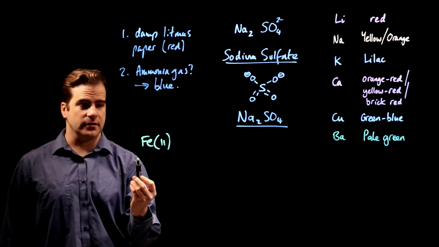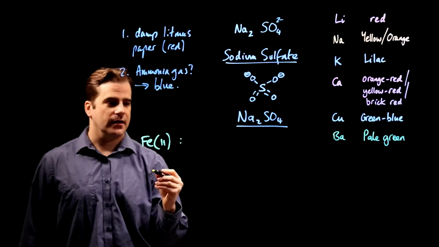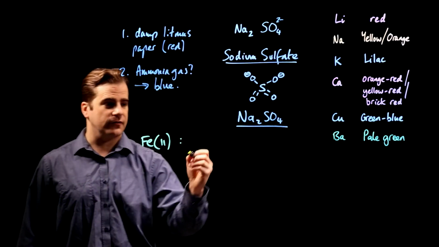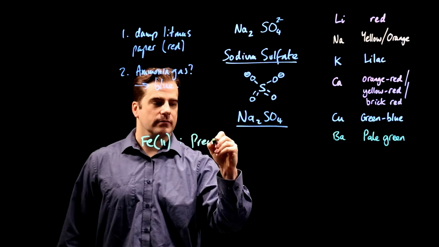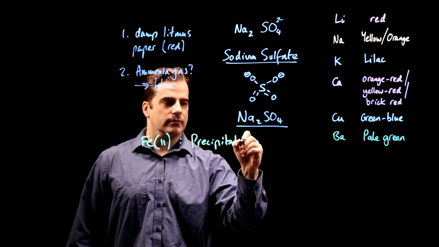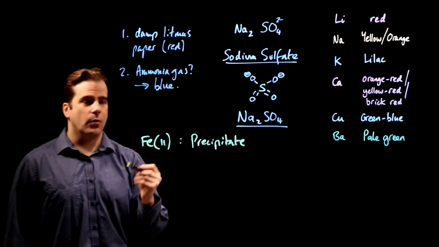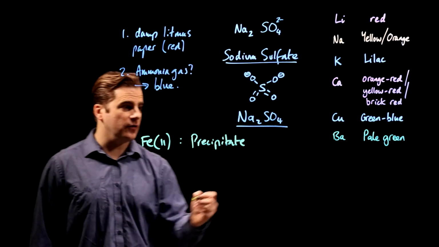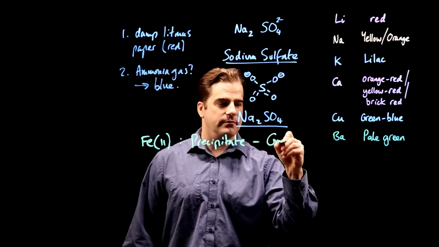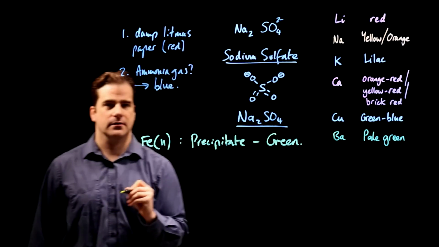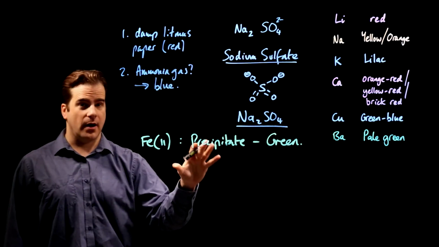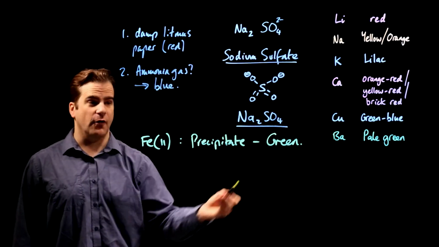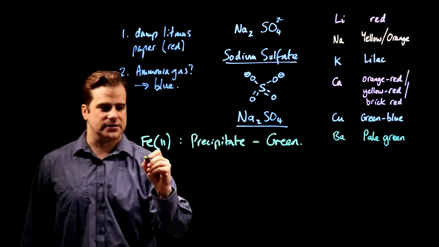Well, it starts off as a solution. So the first thing you see is a precipitate starts to form. Right? What colour is that precipitate? For iron 2, it's green. Okay? Only got 1 mark so far. We actually have to say 4 things to get 2 marks for this question.